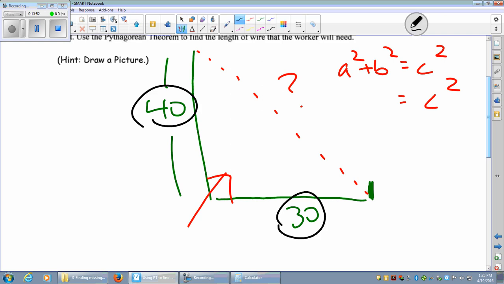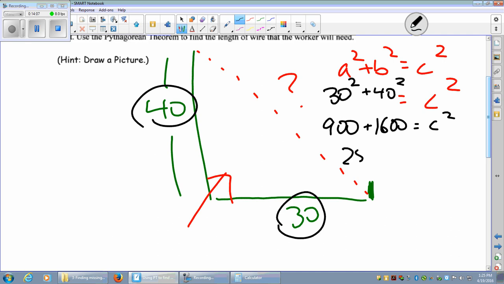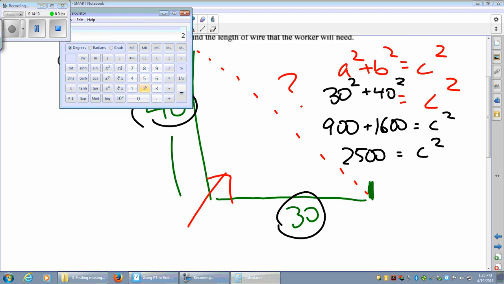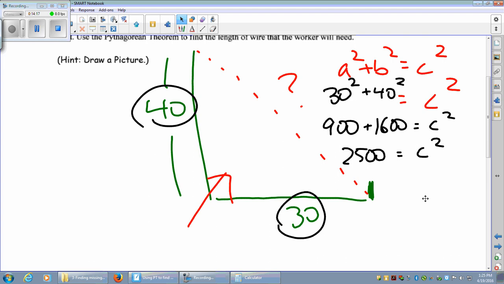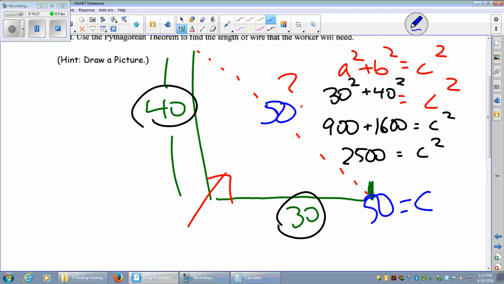So let's plug those into a and b. 30 squared plus 40 squared. 30 squared is 900 plus 40 squared, hopefully you got 1600, is equal to c squared. This is 2500 is equal to c squared, and that's just a little too big for me. So 2500 square rooted is 50. So c is equal to 50, and that wire that this guy needed to use is 50 feet long.